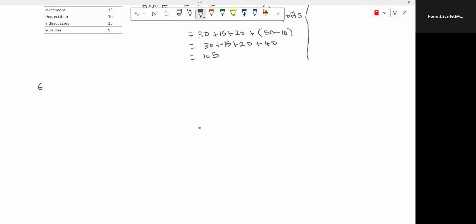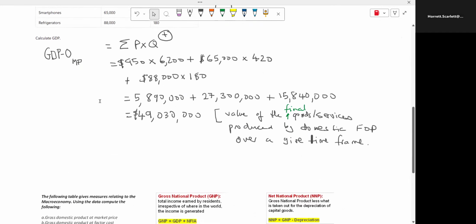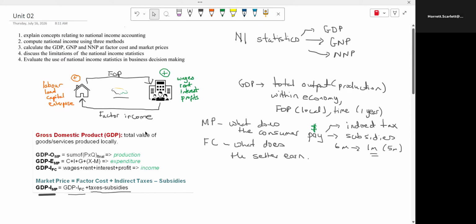So we have GDP I at market price is equal to GDP I at factor cost and then we're now going to account for the taxes and the subsidies.